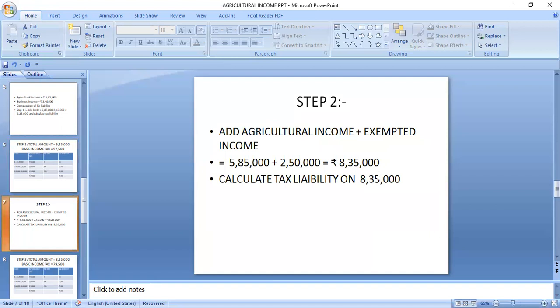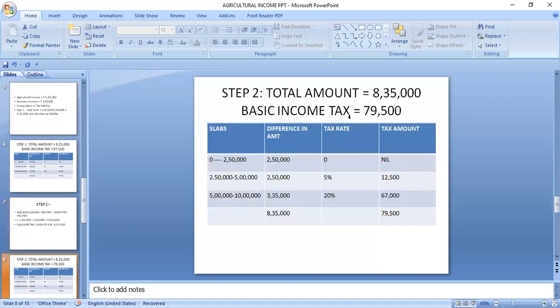So calculate tax liability on 8,35,000. This is step 2. Now, the slab rate 0 to 2.5, difference is 2.5, tax rate is 0, tax amount is nil. 2.5 to 5, difference is 2.5, 5% tax rate, you have to pay 12,500.